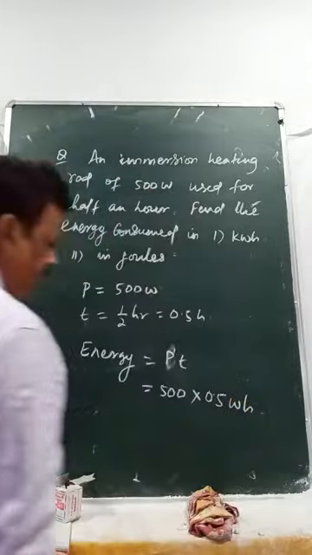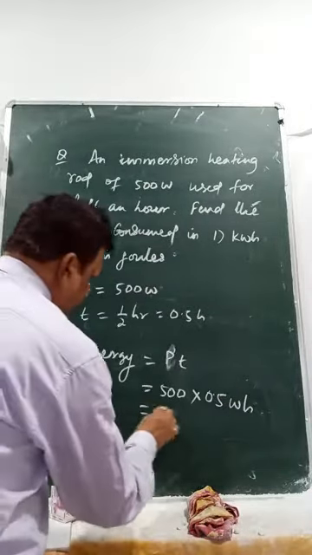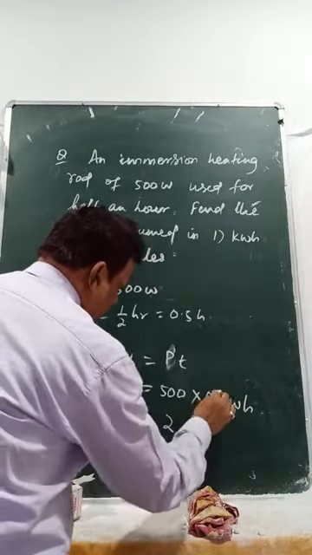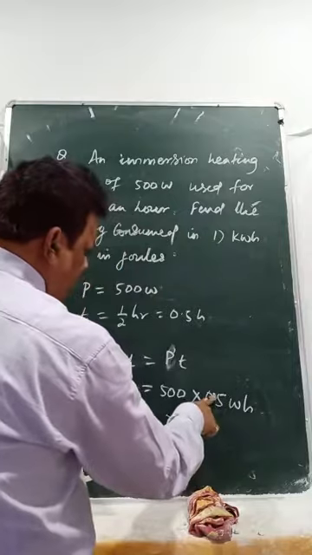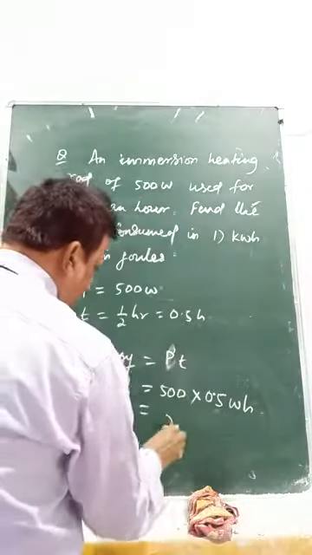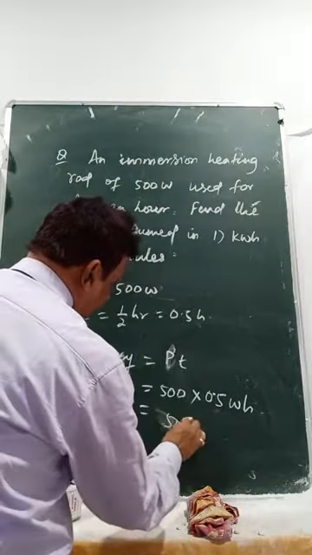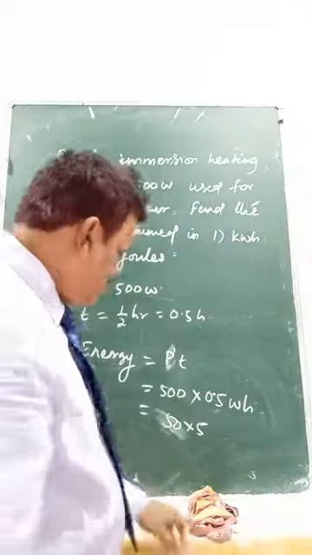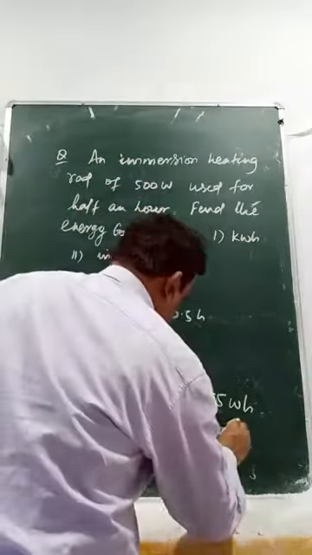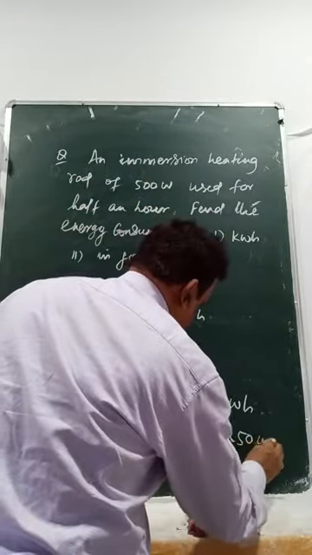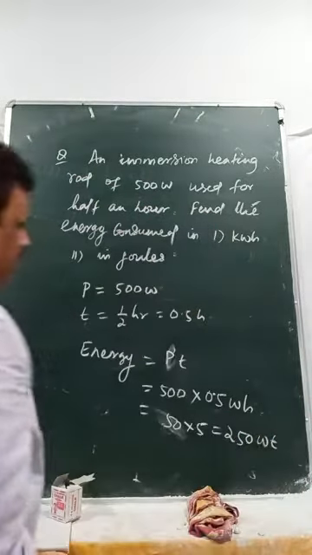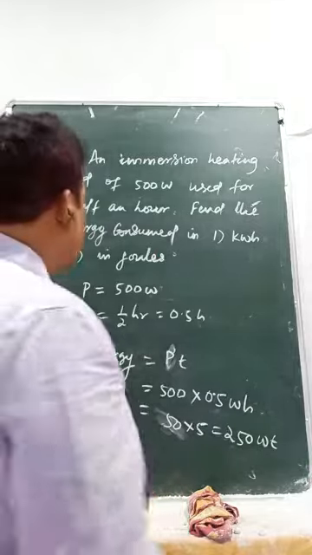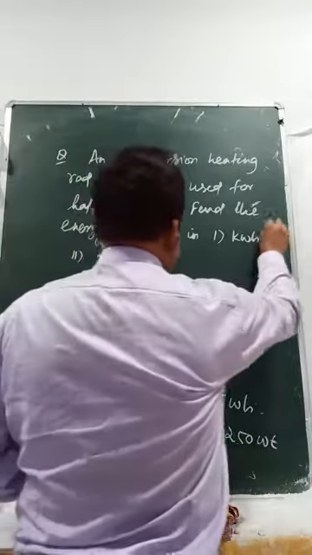Watt hour. So 5 5 are 25. You can remove 1 decimal. After this 1 decimal, 1 zero gone. You can write 50 into 5. 1 zero gone, decimal gone. So 50 into 5 means 250 watt hour. What you want is to convert into kilowatt hour.